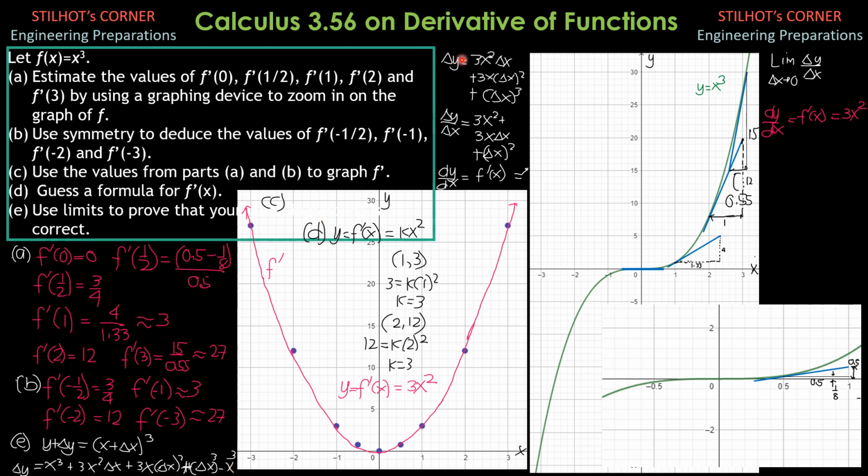So delta y equals 3x squared delta x plus 3x delta x squared plus delta x cubed. Divide everything by delta x. So delta y over delta x is 3x squared plus 3x delta x plus delta x squared. So dy dx is f prime of x, and that's the limit as delta x approaches 0, so that's why it is 3x squared.